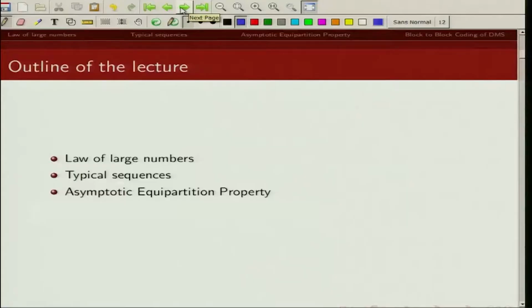Before we go into what is a typical sequence, we need to build up some mathematical preliminaries to prove our results. We will talk about weak law of large numbers and Chebyshev inequality, and then we will use those results to prove some properties of typical sequences.